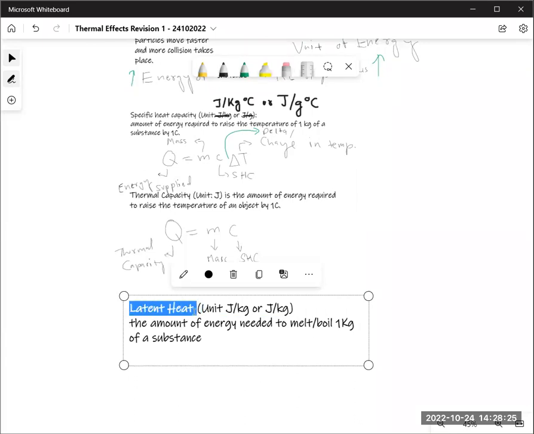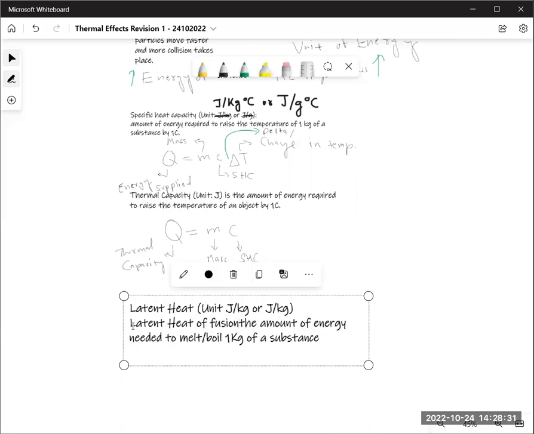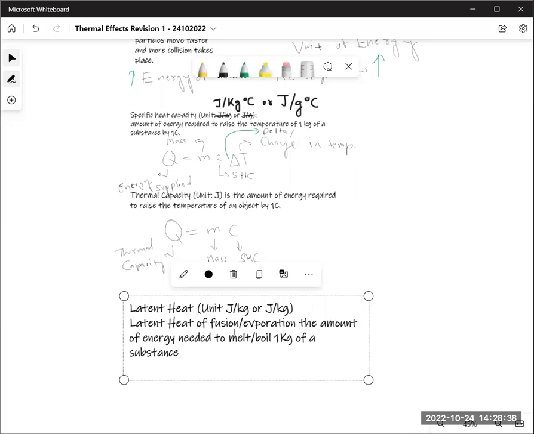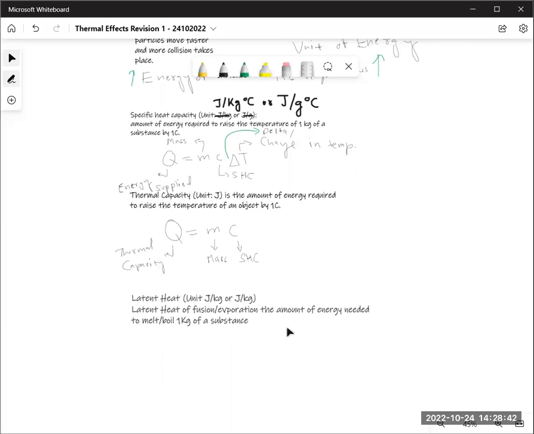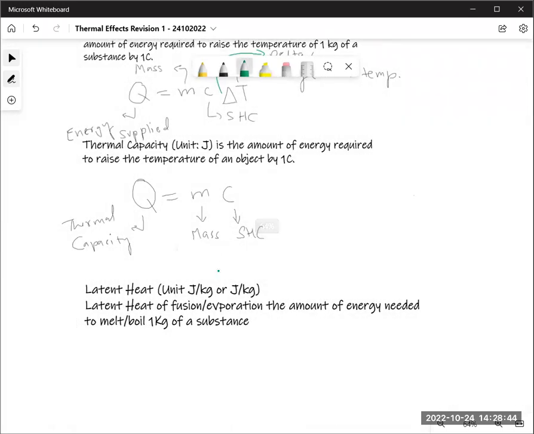Done, sir. Finish writing the thing on latent heat. Yes, sir. That's it. So latent heat of fusion is with melting, and evaporation is with boiling.